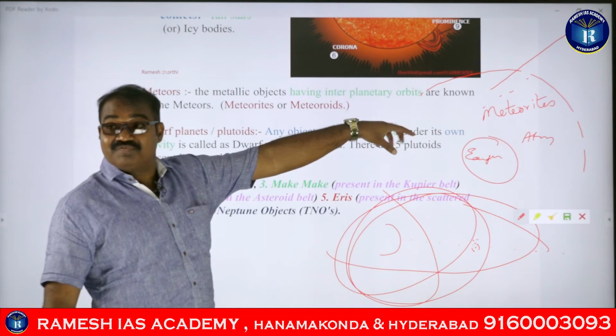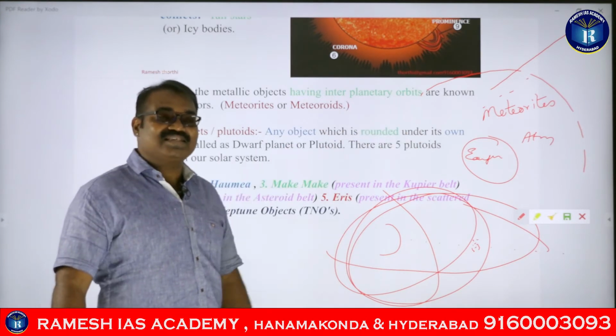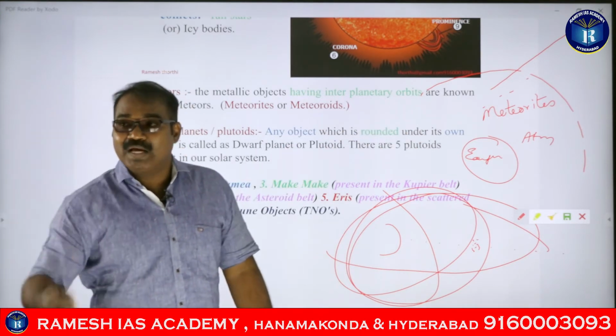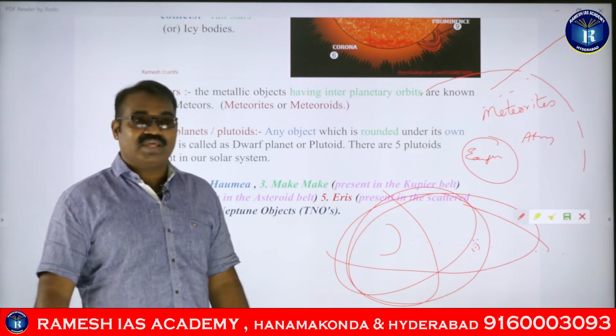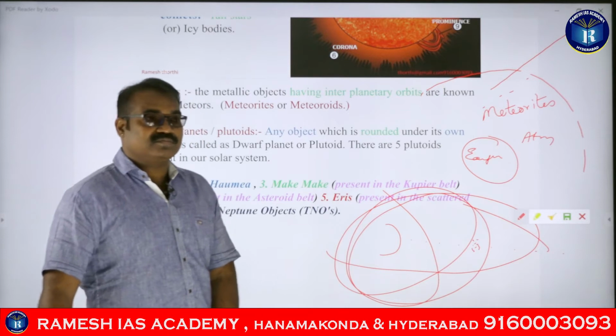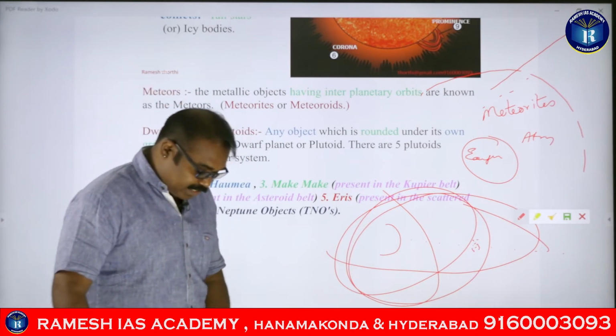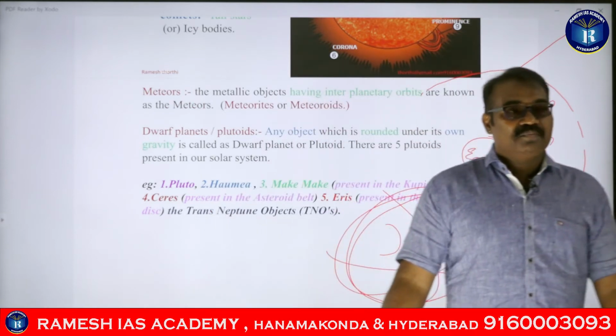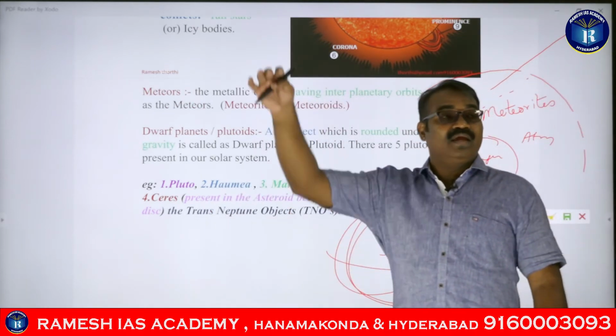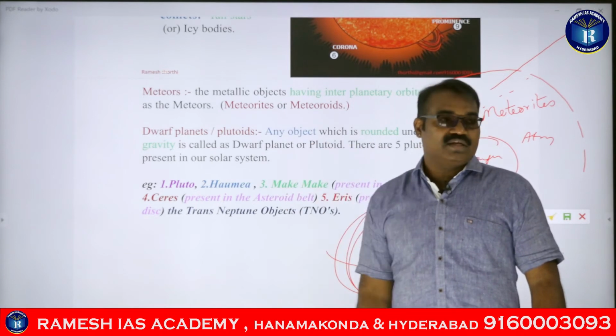And most of this meteoritic shower is seen in the upper atmospheric layers, guys. They are called the mesosphere. The meteoritic shower is seen first in the mesosphere and then they come towards the earth, guys.